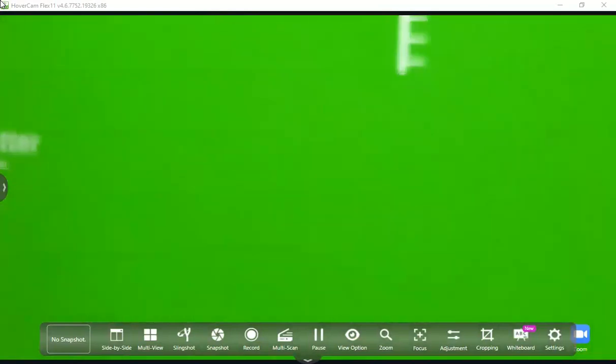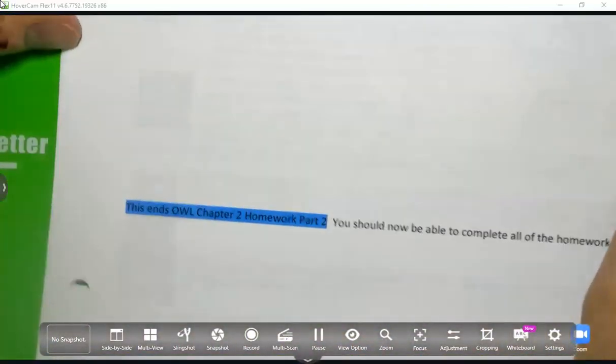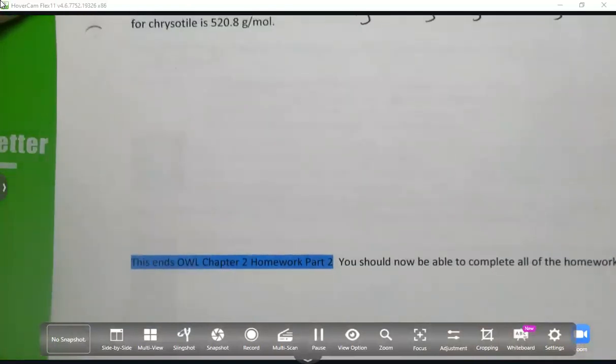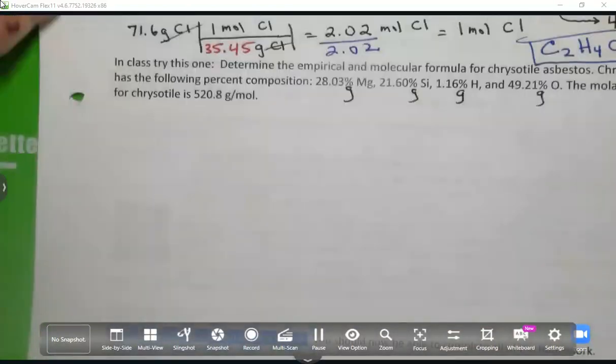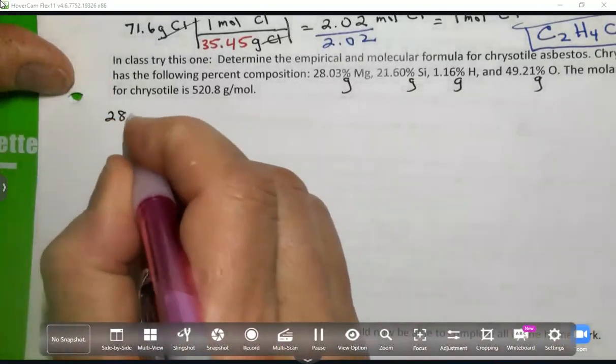Now, we left off on chapter 2 at the very bottom. I don't know if you set this one up at all. On the very bottom of chapter 2, this is a good problem to finish up if you haven't done it. I'm just going to lay it out, but I'm not going to finish it.